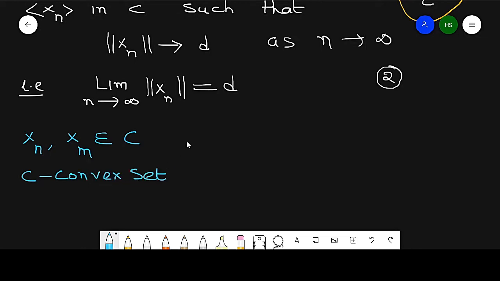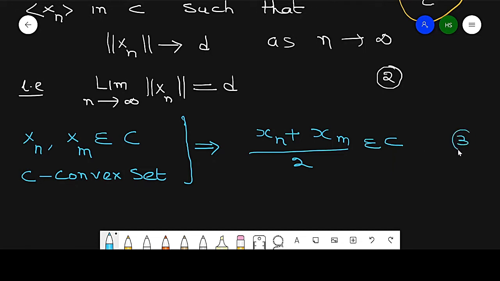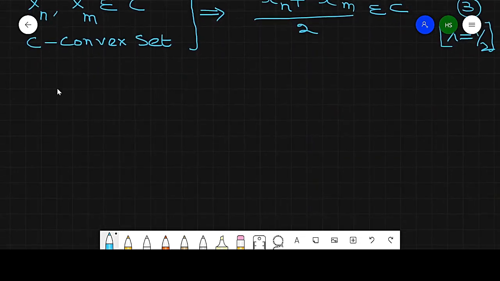If C is a convex set, then lambda xn plus 1 minus lambda xm belongs to C. So if I take lambda equal to 1 by 2, it means (xn plus xm) over 2 belongs to C, which is equation number 3. Why? Here I take lambda equal to 1 by 2, so 1 minus lambda is again 1 by 2.